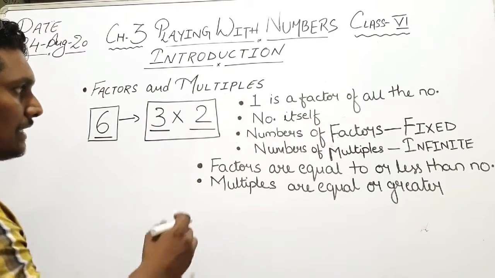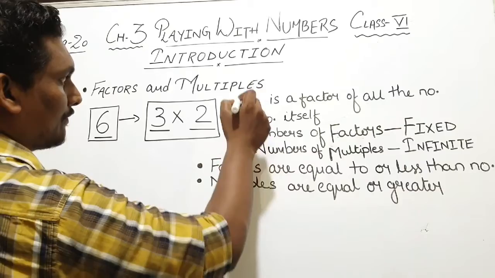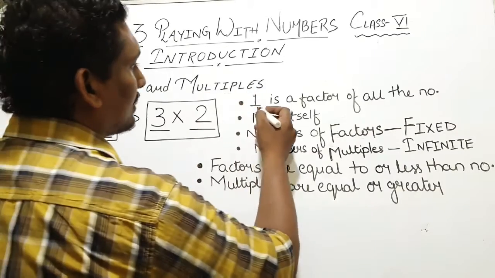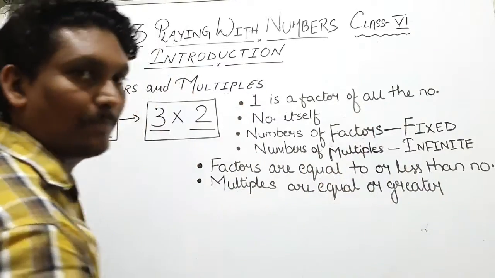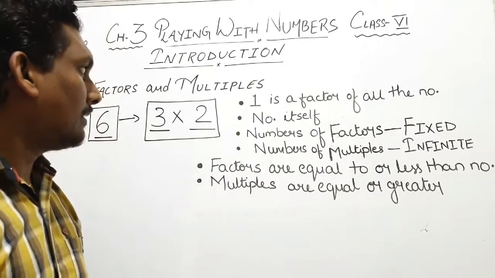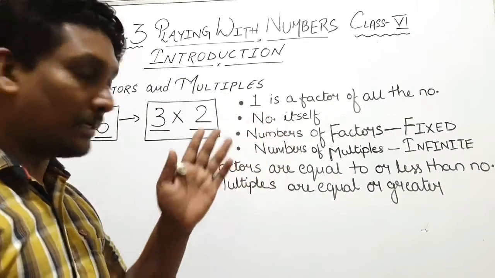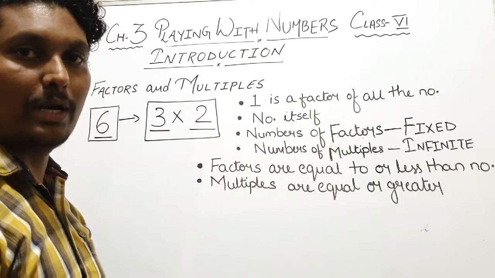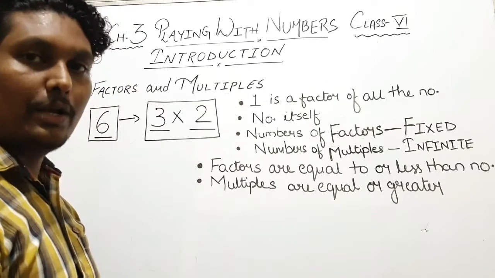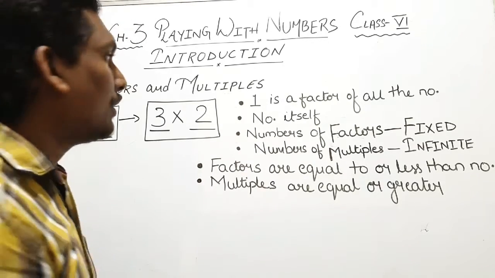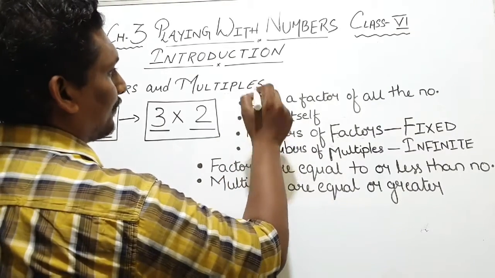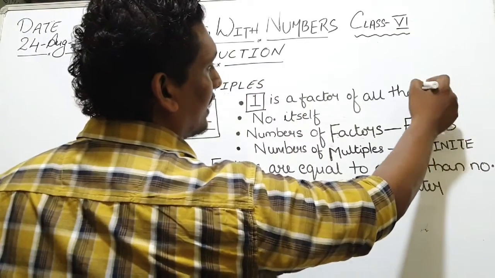There are a few important points that I have to discuss with you, right? The first point is, 1 is a factor of all the numbers. In every table, when we multiply with the number 1, we get the same number. For example, 2 into 1, 3 into 1, 90 into 1, 48 into 1, 55 into 1. So 1 is a factor of every number. Here, 'no.' stands for number.